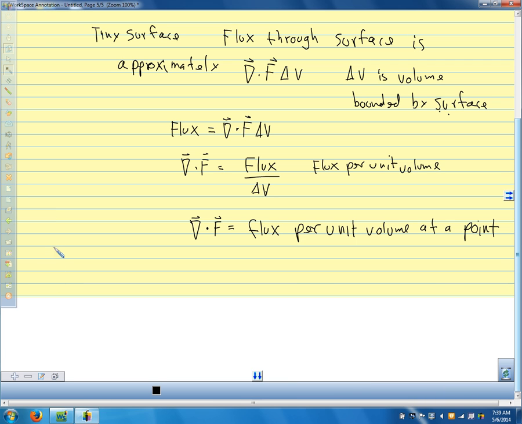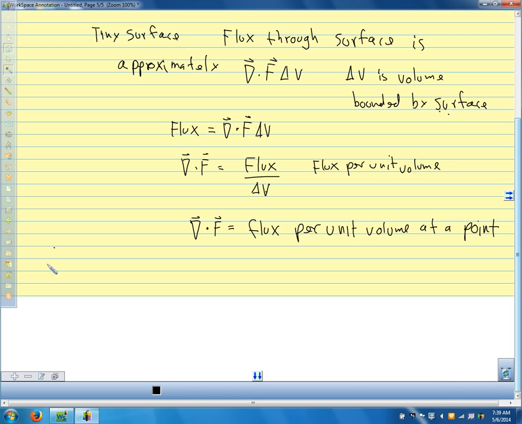All right, so this is our physical interpretation of the divergence. It tells us the flux per unit volume at a point. So the tendency of our field to cause an outward flow at a particular point, and the divergence tells us the quantity of that outward flow at that point. And we can classify our field by the sign of the divergence.